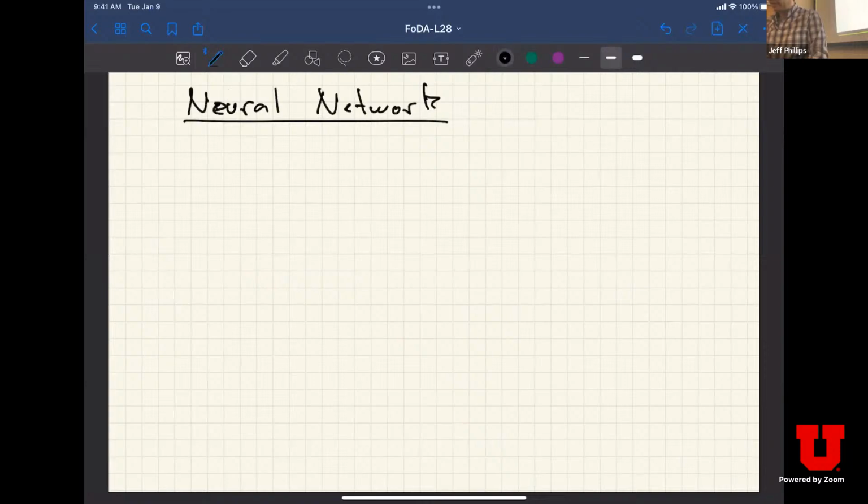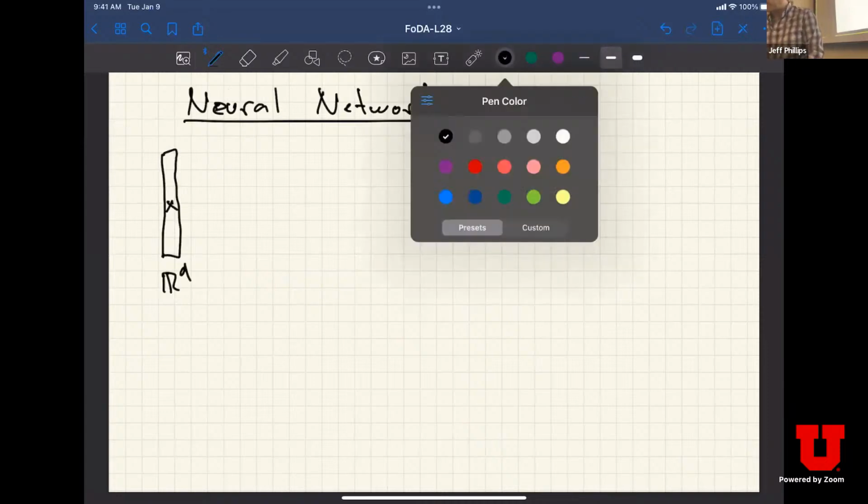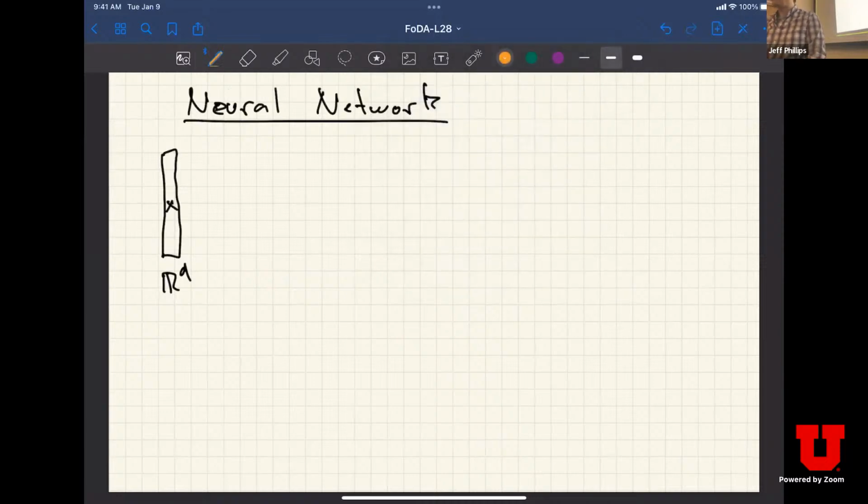I'm going to have as input my input X, which is in R^d, and I'm going to draw this as a diagram here because it gets very complicated, right?